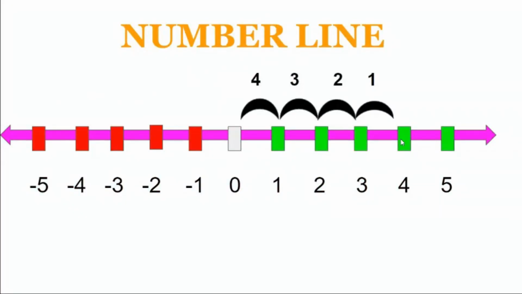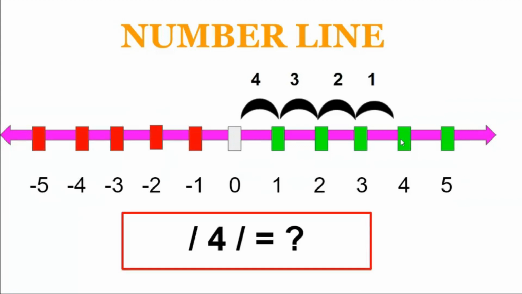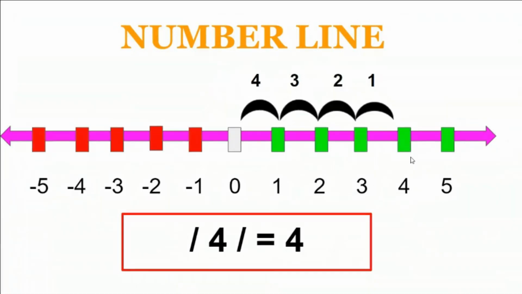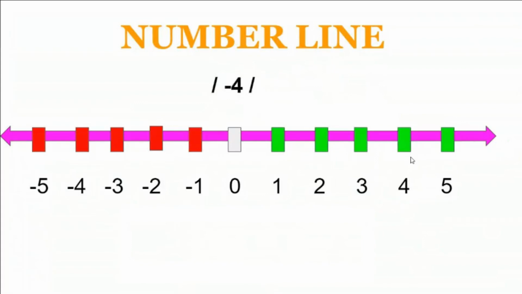So how far is 4 from 0? Well, 4 is 4 units away from 0. So the answer actually is positive 4, because that is how far away 4 is from 0.